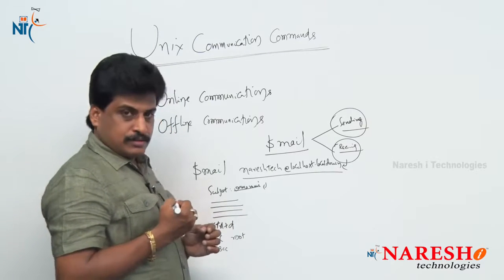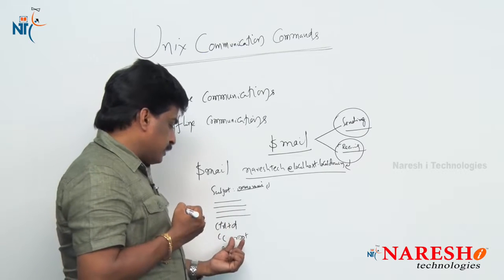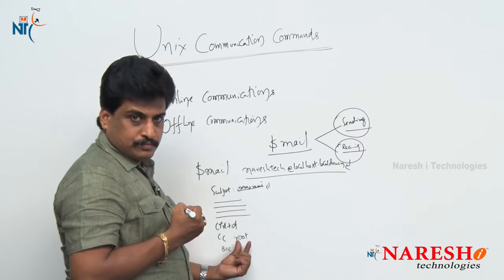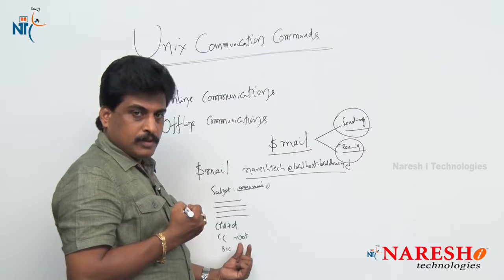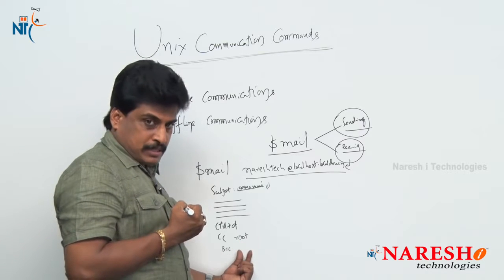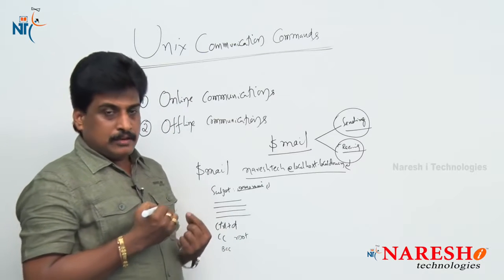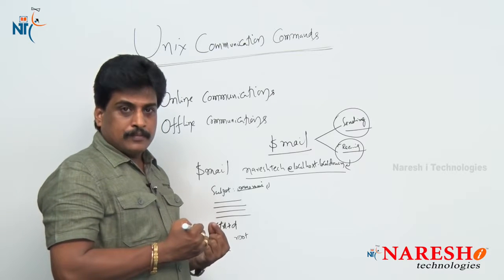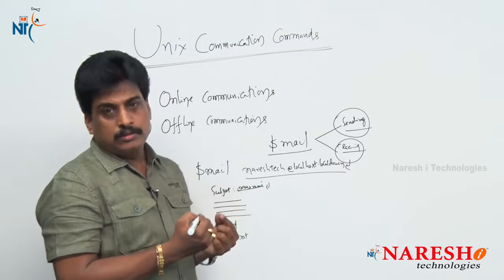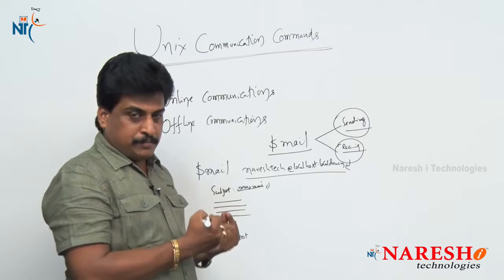My lead's address I give as, for example, To or CC. My manager I give as BCC. Why? Because this mail is confidential, I should not deliver it to anybody except the lead and manager.